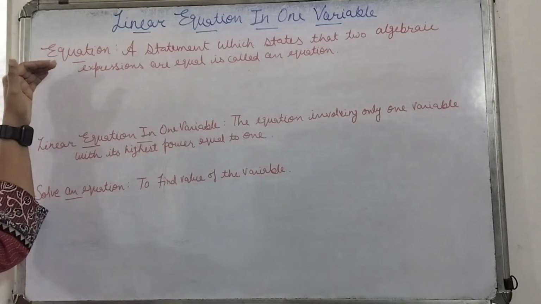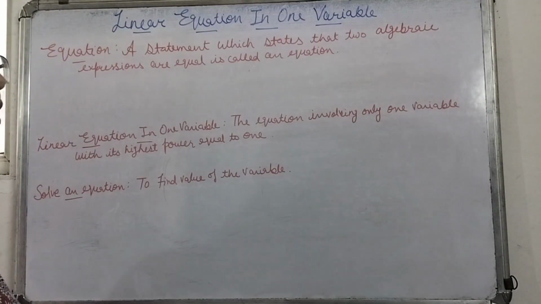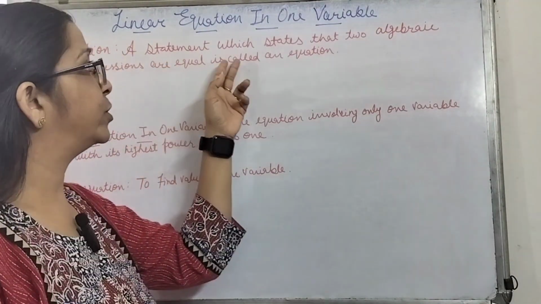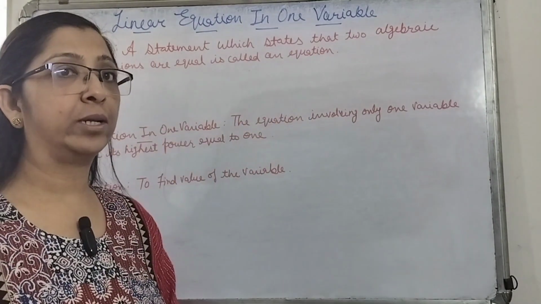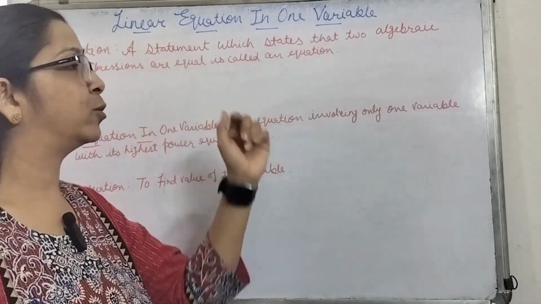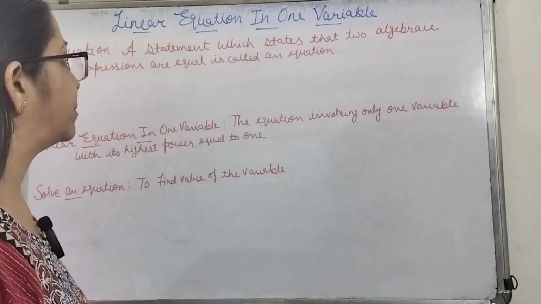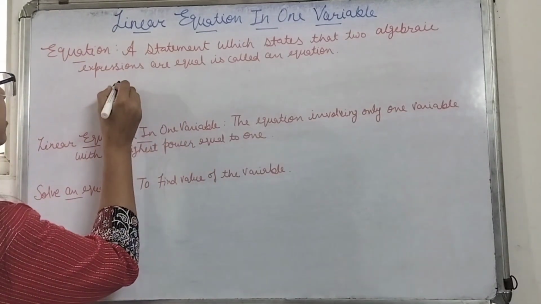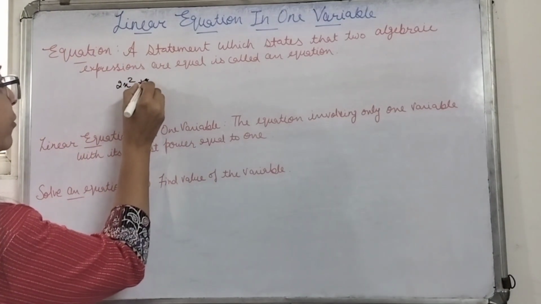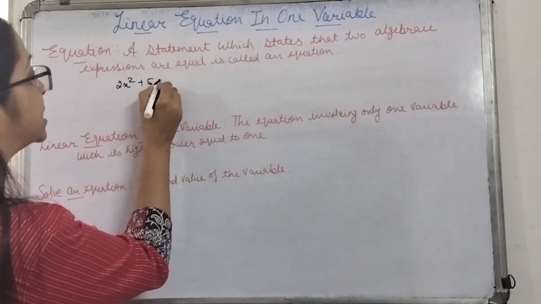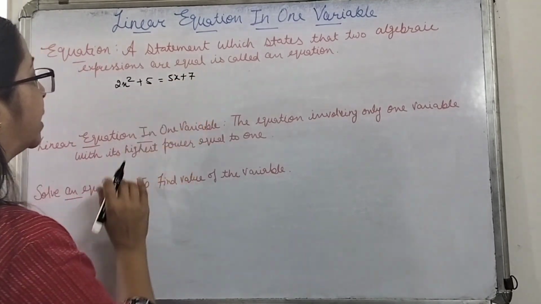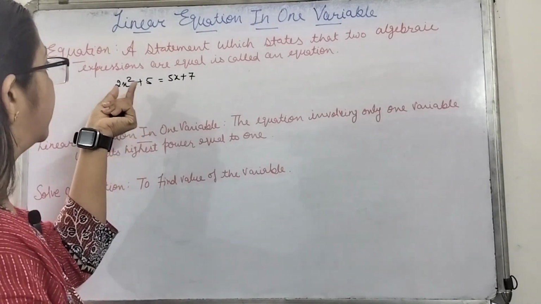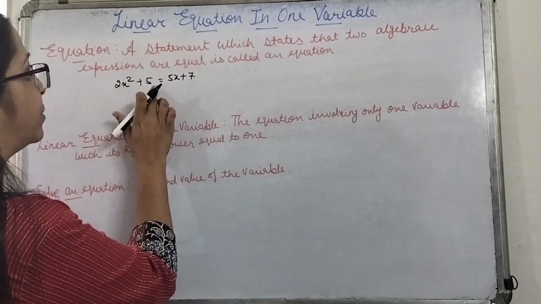So first of all, let's understand what an equation is. Equations are statements which state that two algebraic expressions are equal. Such types of statements are known as an equation. Suppose there is an expression, say 2x square plus 5. If this expression is equivalent to 5x plus 7, then this is an equation, because here we have taken two algebraic expressions.